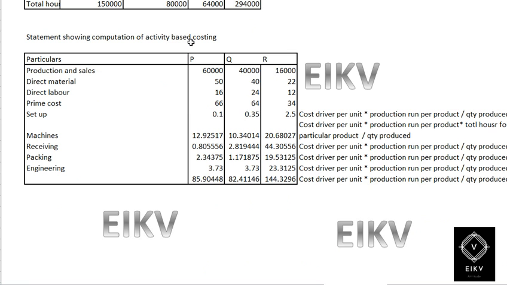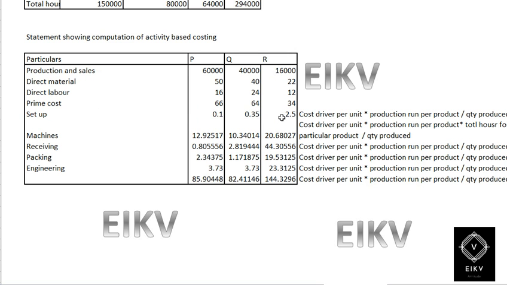Now the statement showing computation of activity based costing. The products per unit will be, as always, 60,000, 40,000 and 16,000. Material cost 50, 40, 22. Labor cost 16, 24, 12. And then the prime cost, when we add labor and material, 66, 64 and 34.